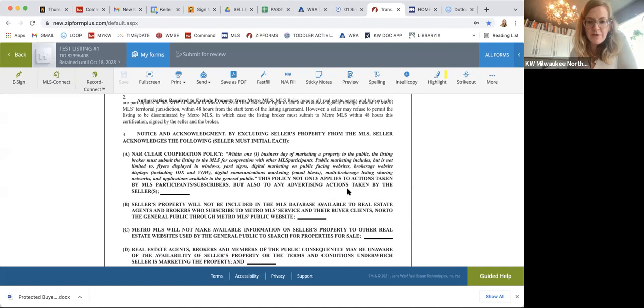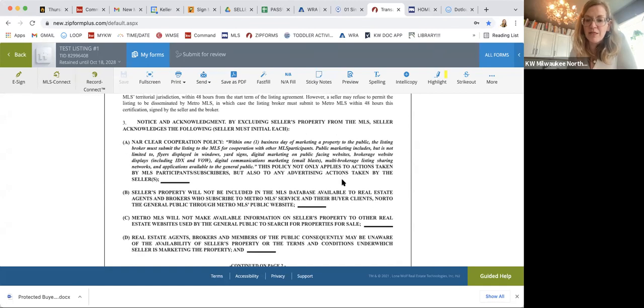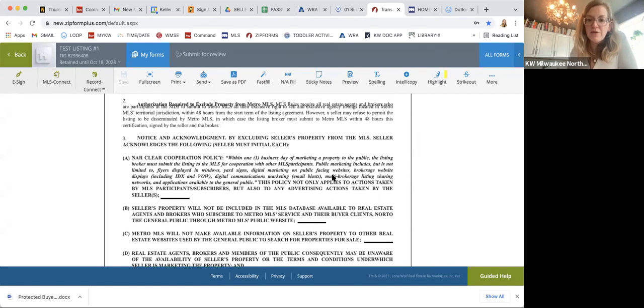And then the statement on clear cooperation. So within 1 business day of marketing a property to the public, the listing broker must submit the listing to the MLS for cooperation with other MLS participants. So this is a warning to the seller that if it's excluded from MLS, we cannot market it to the public.